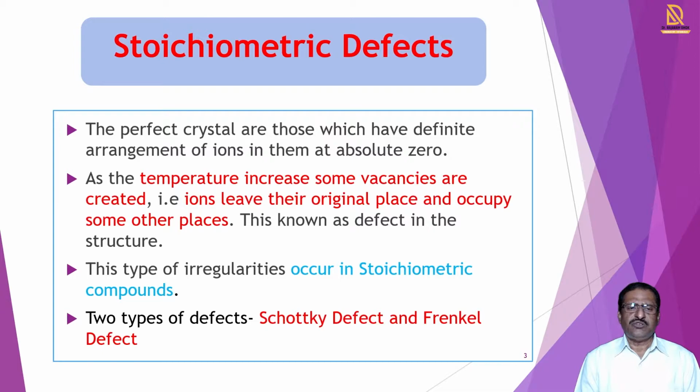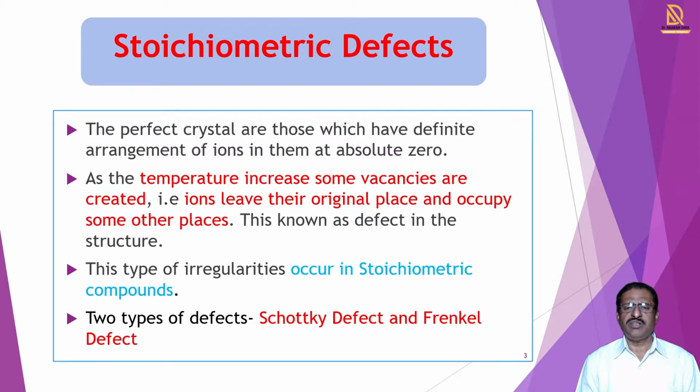In the stoichiometric compound, a defect is observed, and that is called a stoichiometric defect. So we see what the stoichiometric defect is. Generally, perfect crystals do not show any defects. A perfect crystal means a crystal in which a definite arrangement of ions at absolute zero temperature is observed.